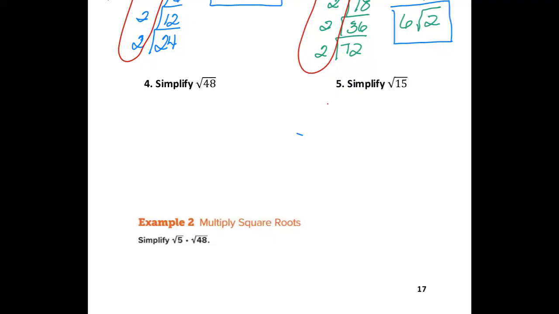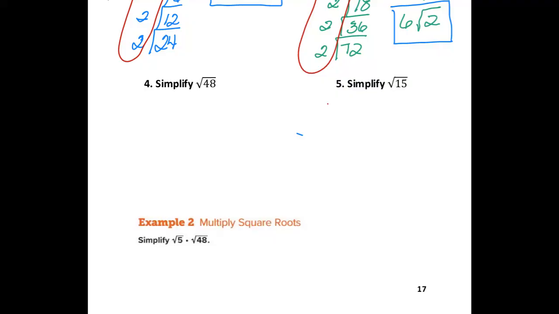I just want to make sure you know how to do it. Okay, so did you divide by 2? 6 divided by 3 is 2, and then 2 divided by 2, you keep going until you get 1 at the top.